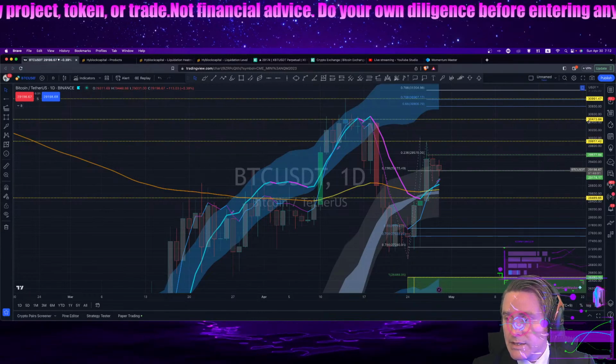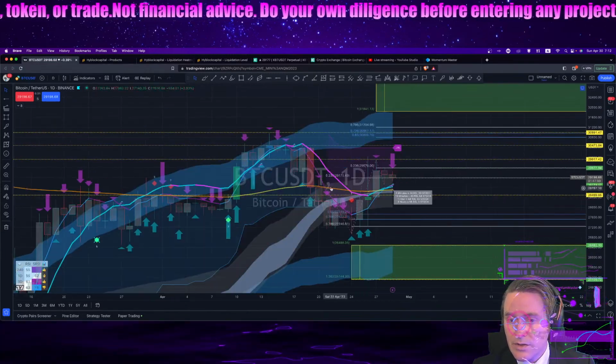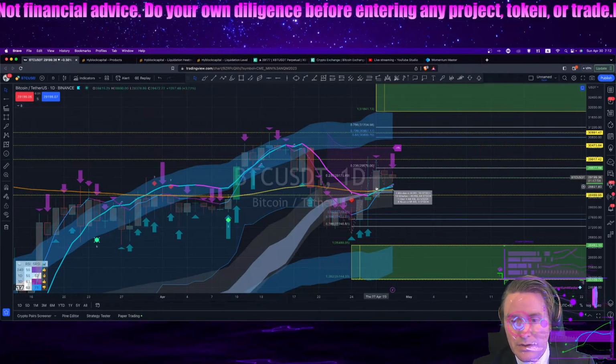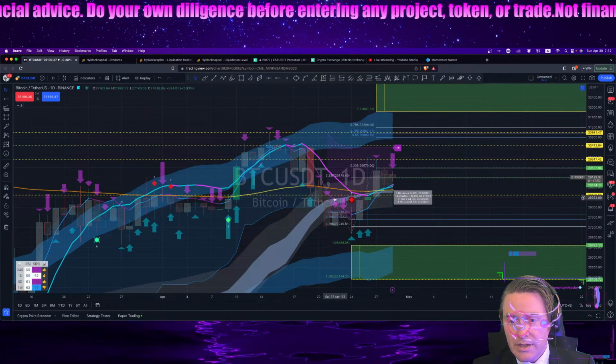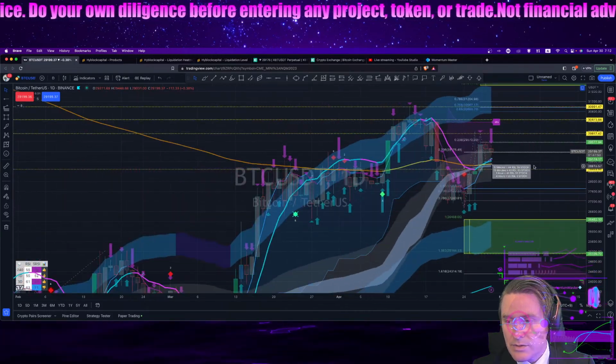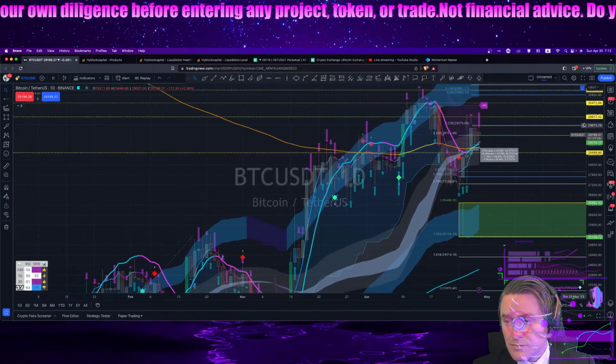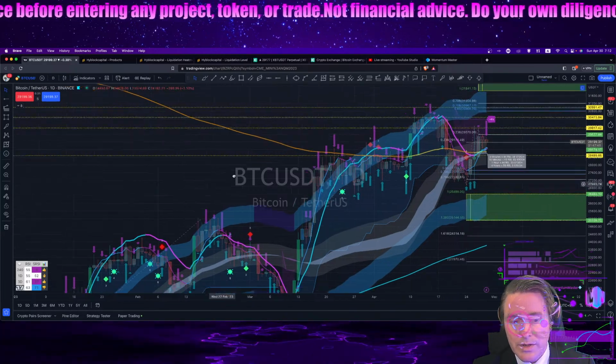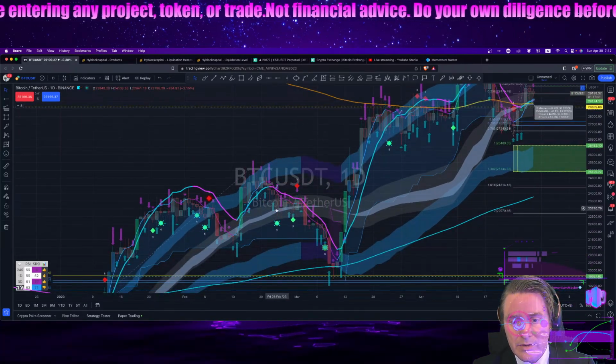So if we go to the daily time frame, one interesting thing to note is the adaptive moving average being on the cloud here, and the cloud is thinning ever so slightly and curving in a manner as such. So are we going above the cloud?